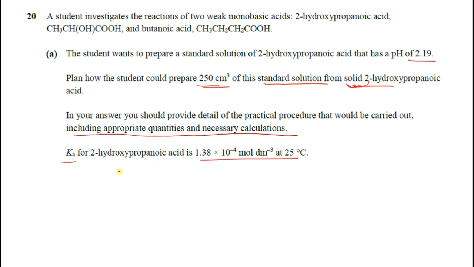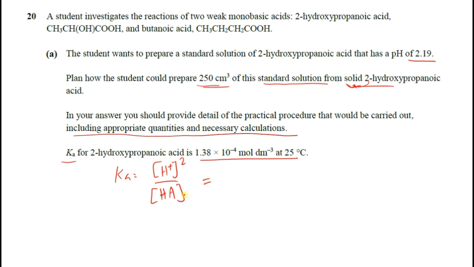We can start by writing the expression for Ka. For a weak acid it's like this: Ka equals [H+] squared divided by [HA], right? So then you have the hydrogen ion concentration. You are looking for the acid concentration first of all, because you want to know how many moles you're going to need.